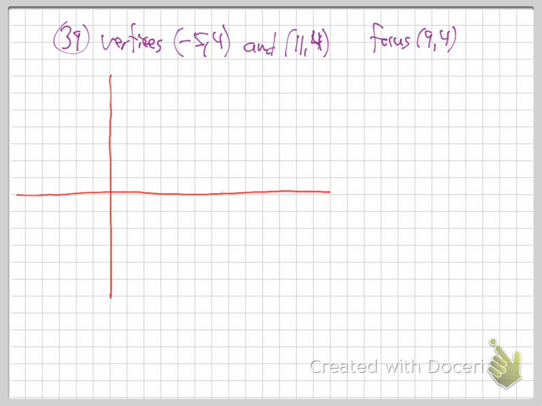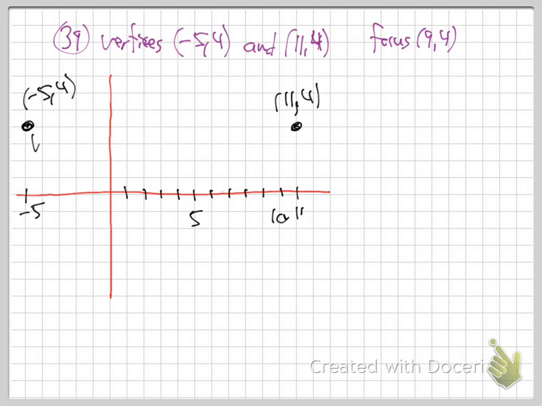So there's back 5, and then 11, up 4. So there's the two vertices, and the focus is at 9, 4. Right there. Okay. So there's a picture of what they're talking about.